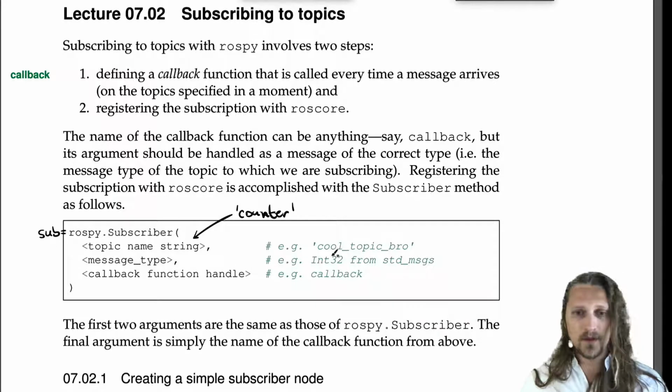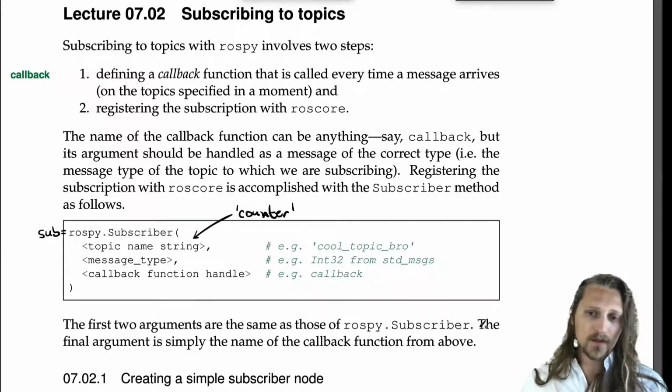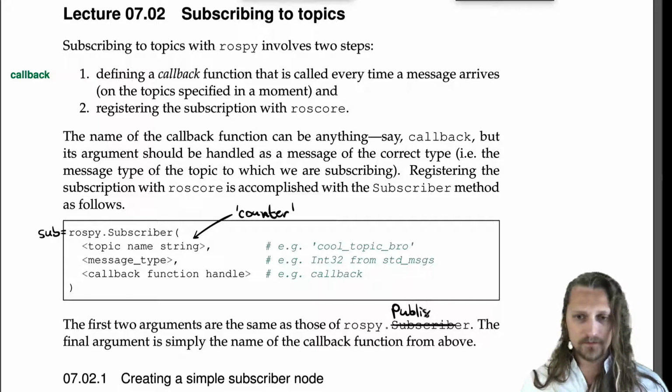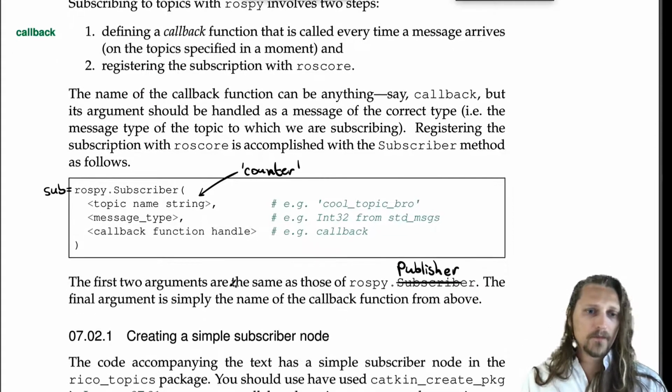The message type, for example int32 from standard messages, and the callback function handle. The first two arguments are the same as those of rospy.Publisher. The final argument is simply the name of the callback function from above.